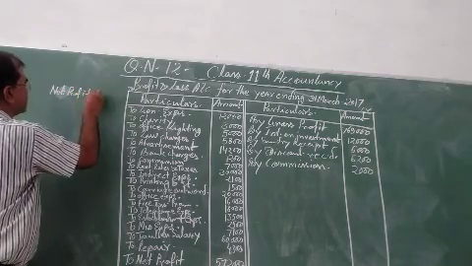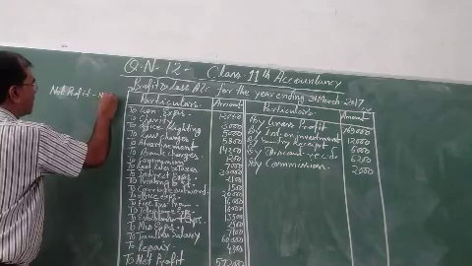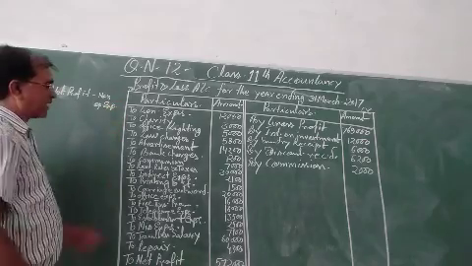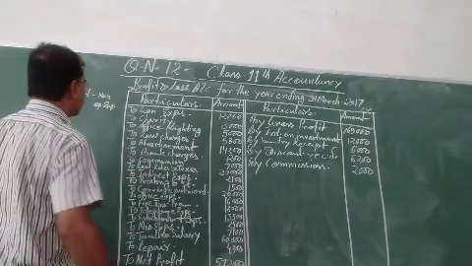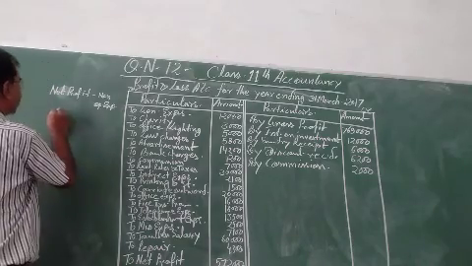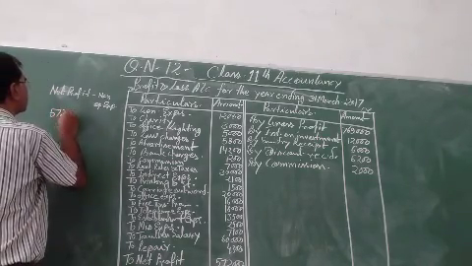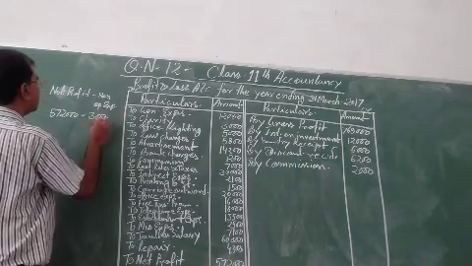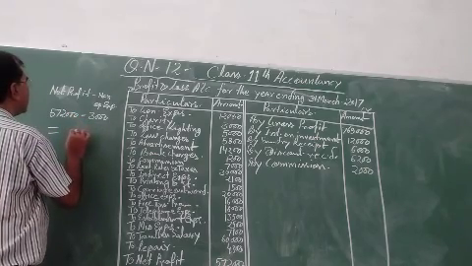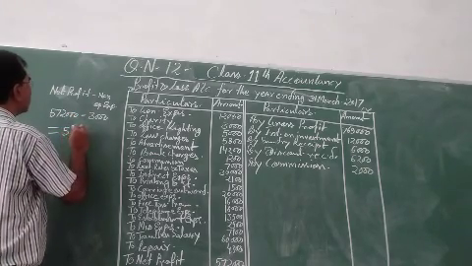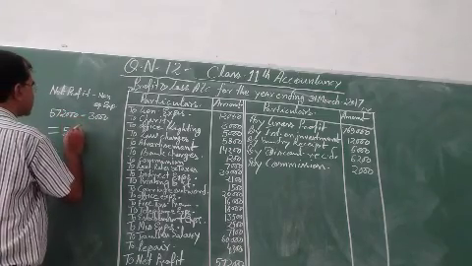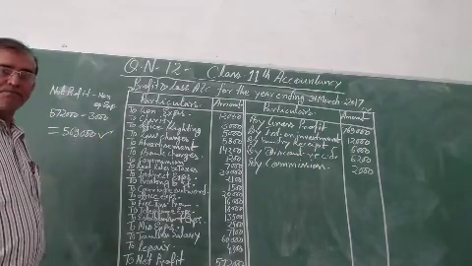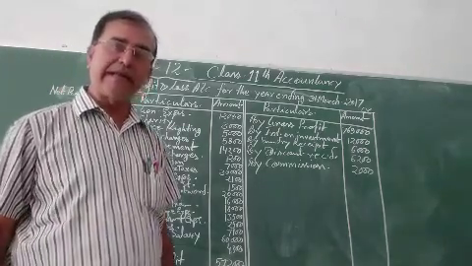Non-operating expense given is charity. So net profit 5,72,000 minus 3,000 equals 5,69,000. That will be the operating profit.